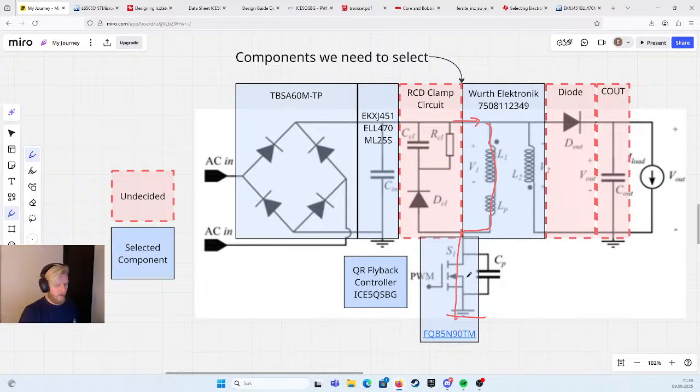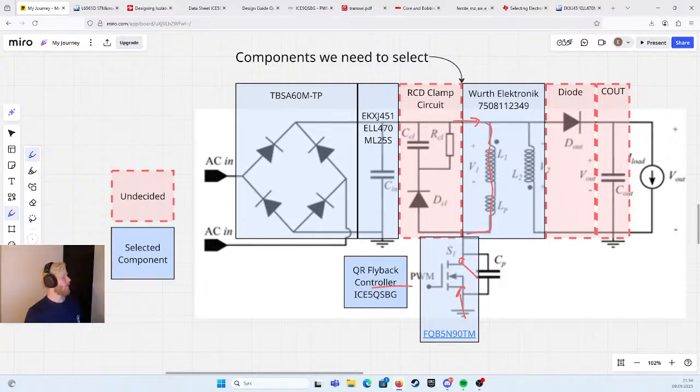But at the moment where the MOSFET is off, so it's low here, then the switch is open, right? And the current is no longer flowing down to ground. And because of the leakage inductance that we have here, we get a huge voltage spike.